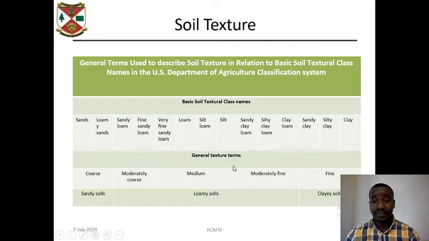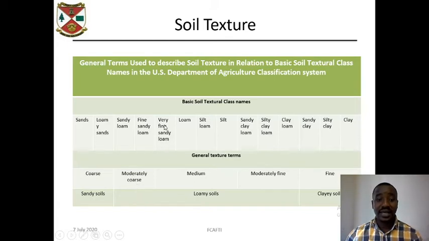Now, if we look at these general texture terms, sands and loamy sands are said to be coarse. Whereas sandy loam and fine sandy loam are said to be moderately coarse.